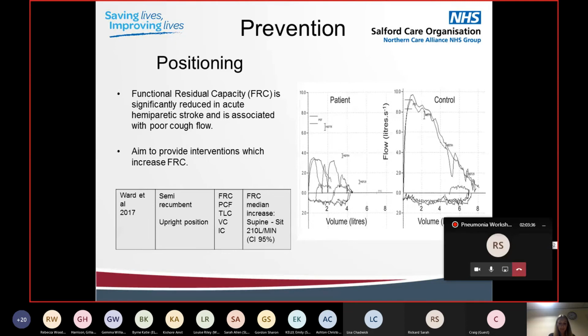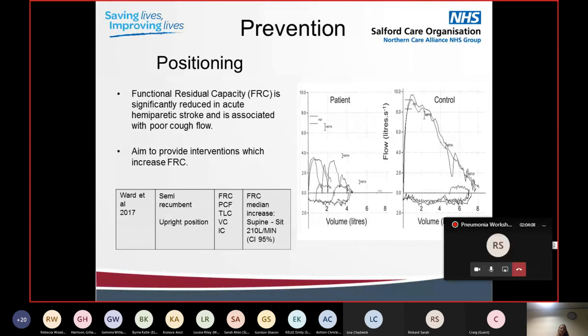If we attribute this to functional residual capacity having an impact on peak cough flow, it indicates that when someone is lying down, they're less efficient than in the upright position. The graph on the right hand side shows the difference between a patient who has mild right hemiparesis and a healthy control in terms of their functional residual capacities.